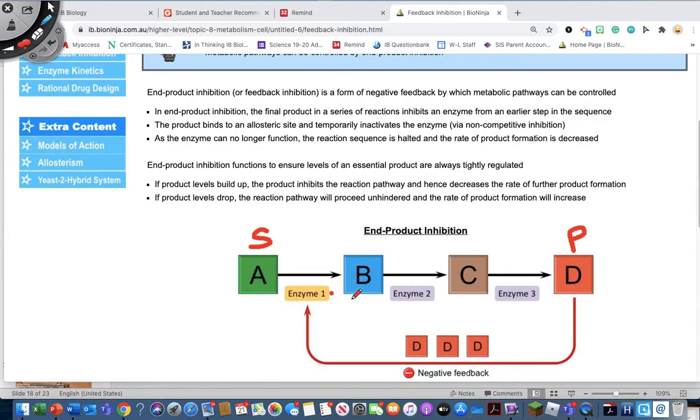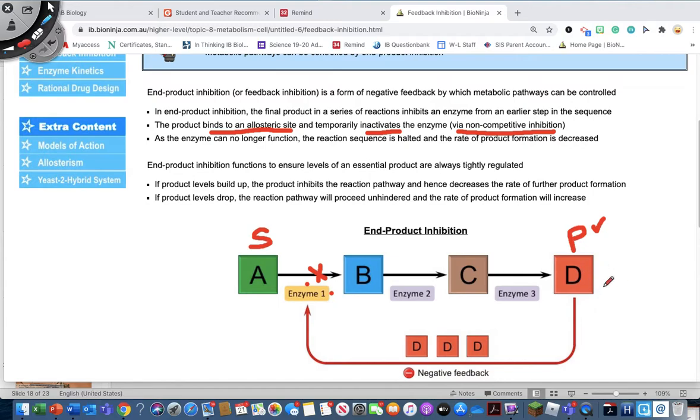The product, D right here, is going to bind to an allosteric site on this enzyme and inactivate it. This is what we refer to as non-competitive inhibition. Therefore the enzyme can no longer function and the reaction stops.